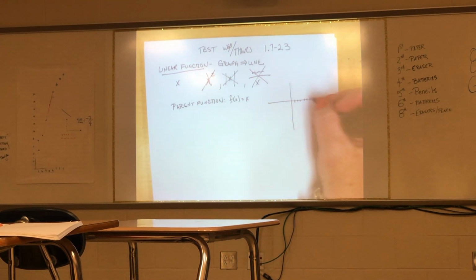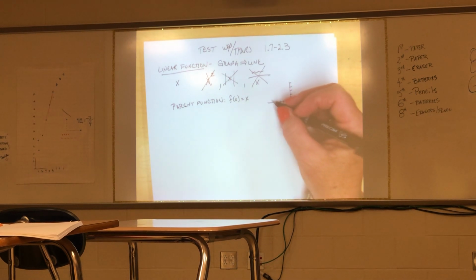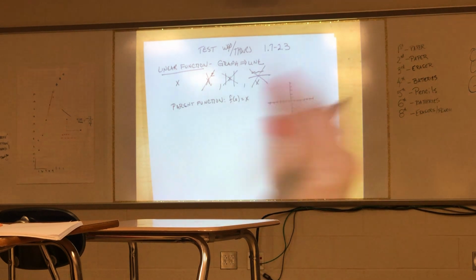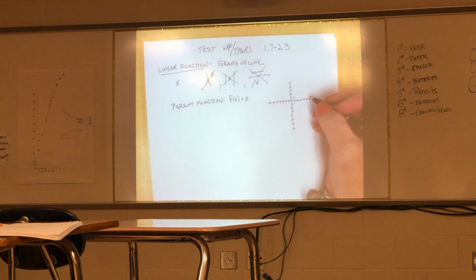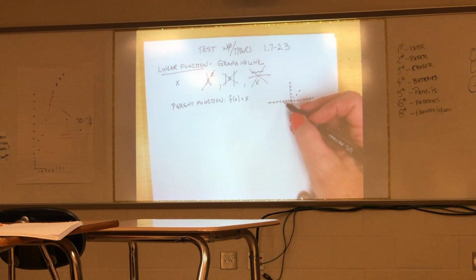Tell me some points that will be on this graph. 1, 1, because x is equal to y. 2, 2. 3, 3. 4, 4. What about 0, 0? What about negative 3, negative 3? Does everybody agree that it looks kind of like this?